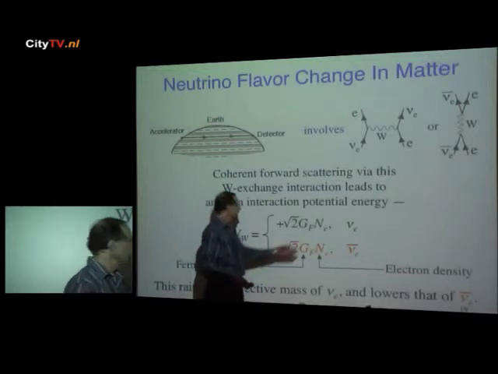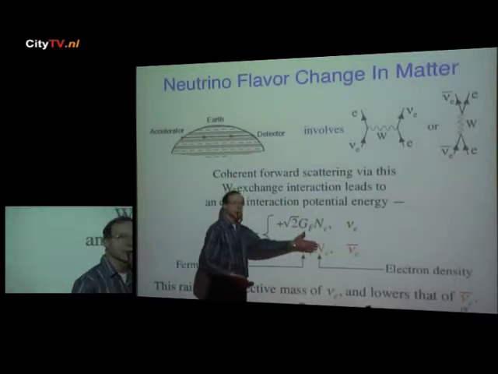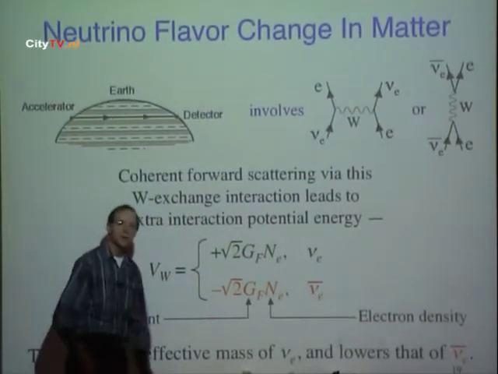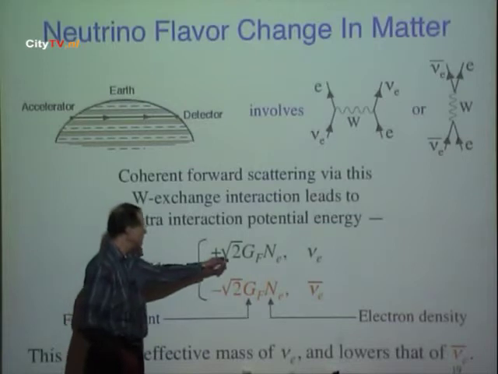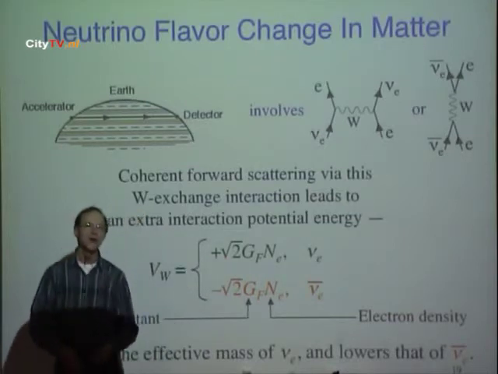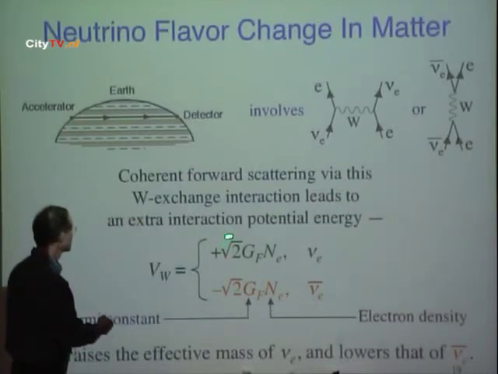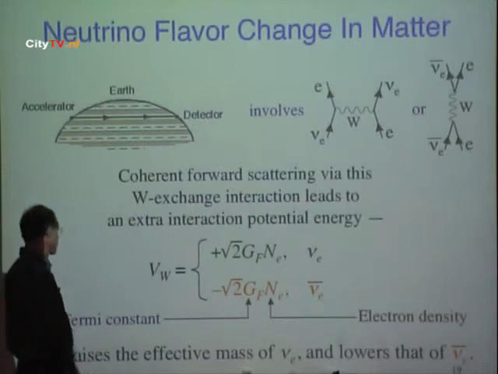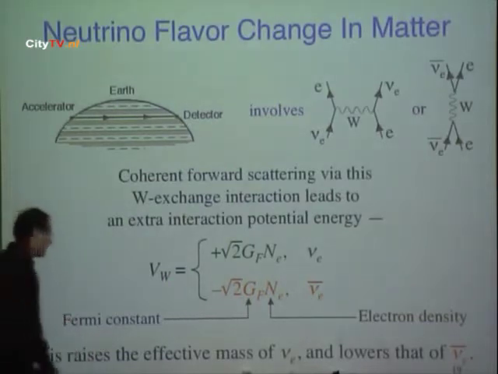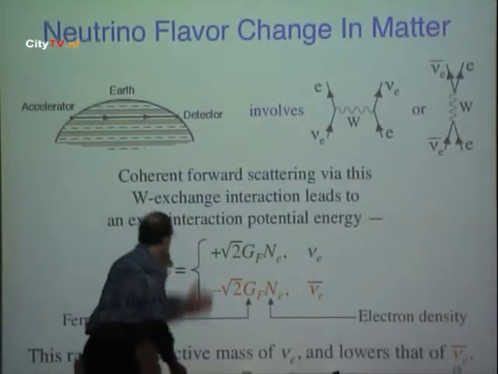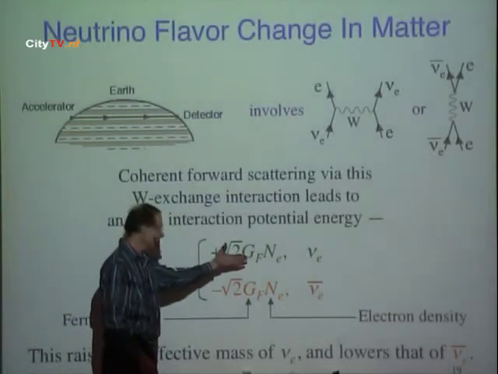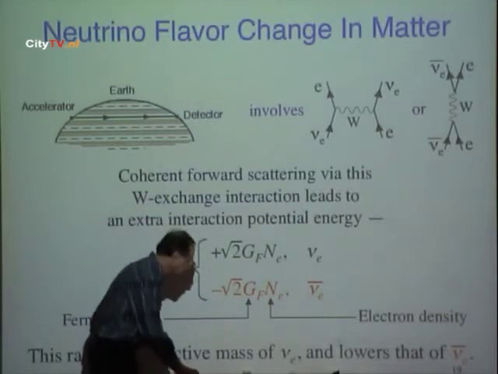It's going to be proportional to how many electrons there are around to interact with, so the electron number density. And the coefficient out front we cannot do by hand waving, but the standard model tells us that it's plus the square root of 2 for a neutrino beam, and minus that for an antineutrino beam. So this matter effect, because that's a plus, raises the energy of a nu E inside matter, and it lowers the energy of a nu E bar.